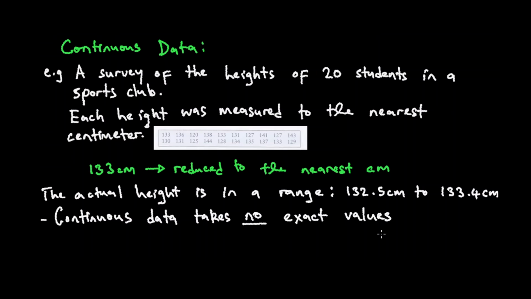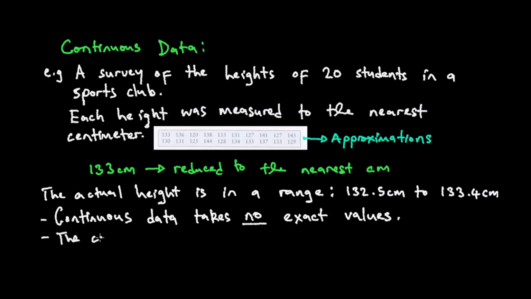So it does not take whole numbers. Even though our table is made up of whole numbers, we know that these are what we refer to as approximations. They are not exact values, they are what we refer to as approximations.